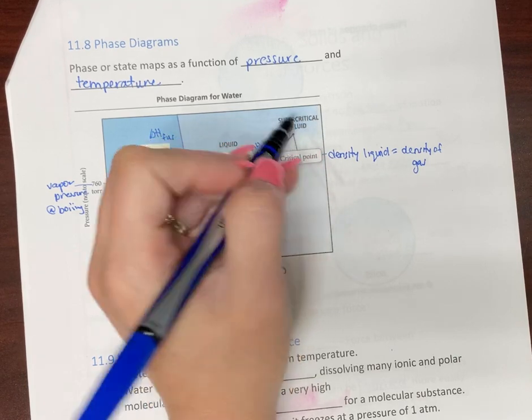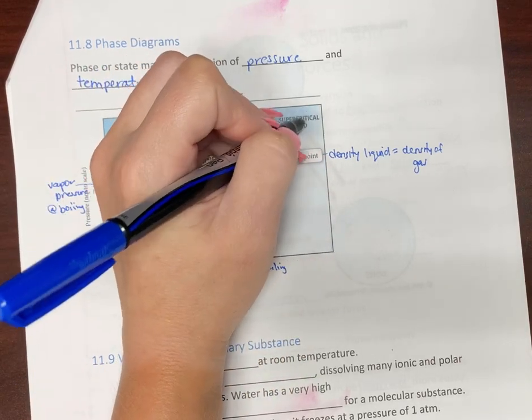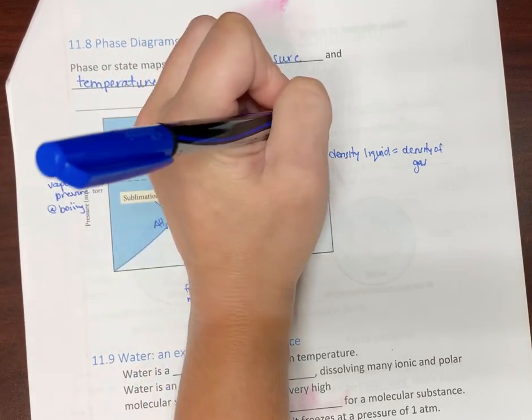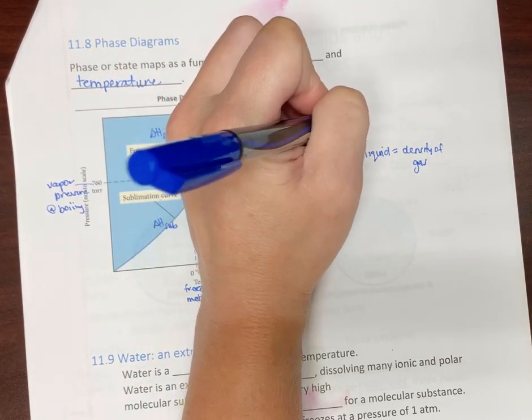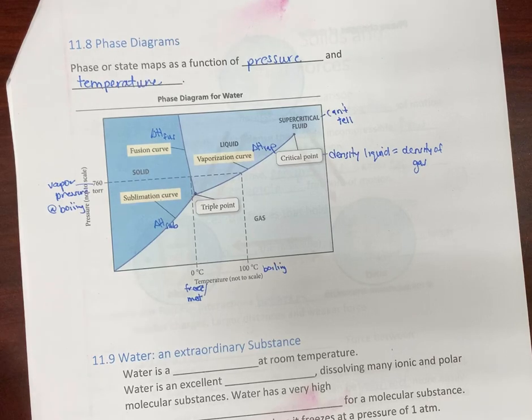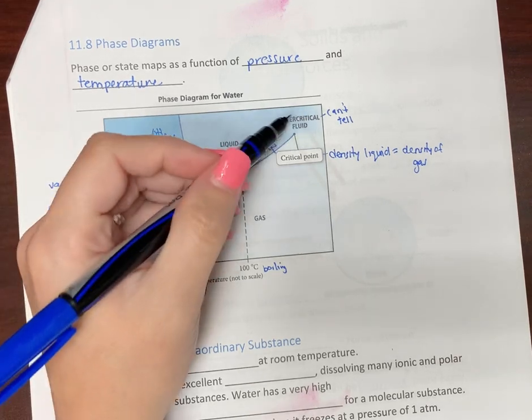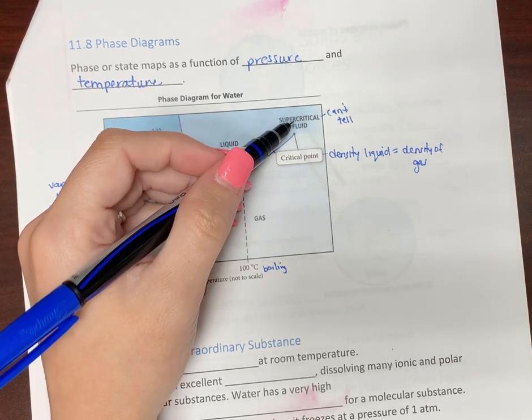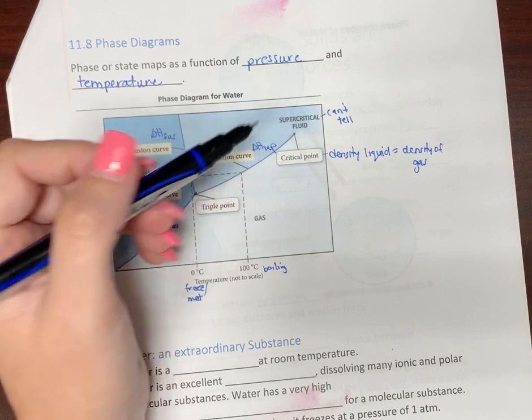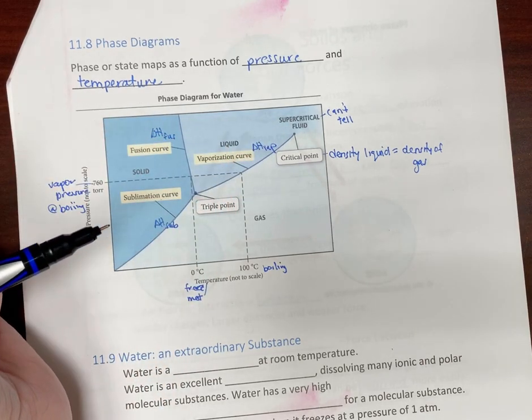Yours will probably be shaded, but there is no line. So the line disappears. This is where you can't tell if it's a solid or a liquid or a gas. It just kind of looks the same. And that's called the supercritical fluid. So it's both a gas and a liquid at the same time. Isn't that weird?